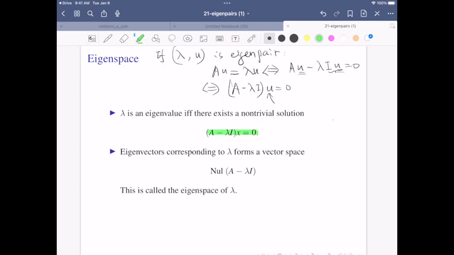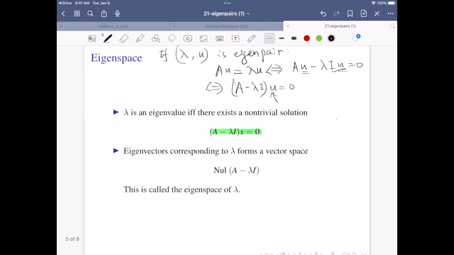So what it means is, for an eigenvalue lambda, you need to solve this equation. This is a homogeneous equation. And if you solve this, then the collection of solutions is called the null space of A minus lambda I.